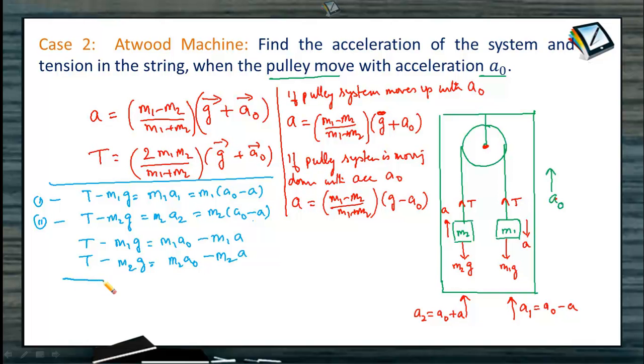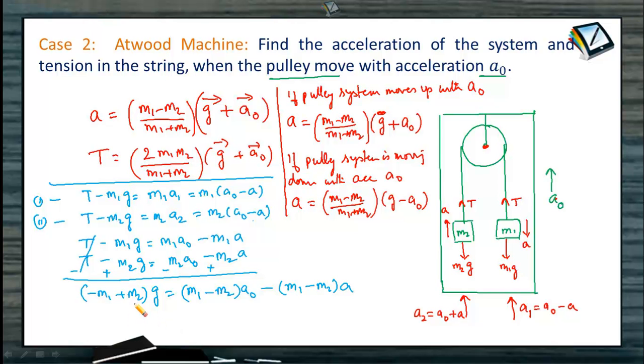Now we need to eliminate T. Subtract. We get minus (M1 minus M2) G is equal to (M1 minus M2) into A0 minus (M1 plus M2) into A. So what will A be equal to?